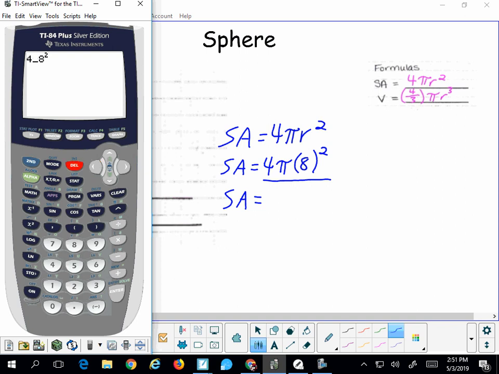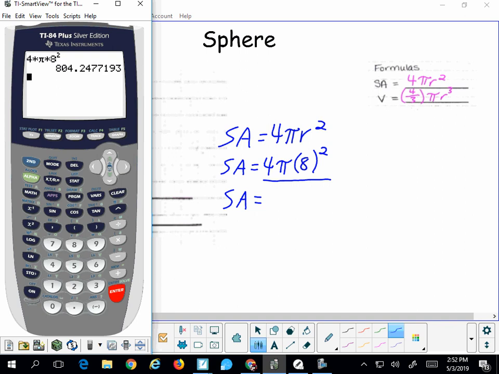So I'm going to go back and insert multiplication in here. So I've got 4 times pi times 8 squared. And that's it. Hit enter.